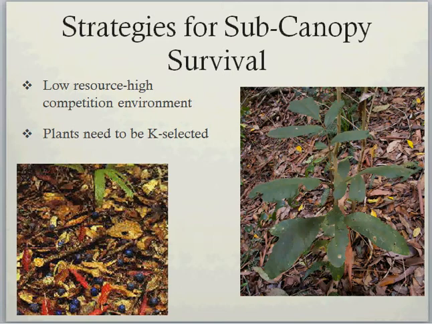So these plants need to be able to survive in this very highly competitive environment. They need to be K-selected. And there are a number of different strategies which these plants can deal with, but one of the fundamental things which they need to do is to make sure that their carbon balance is right. Okay?